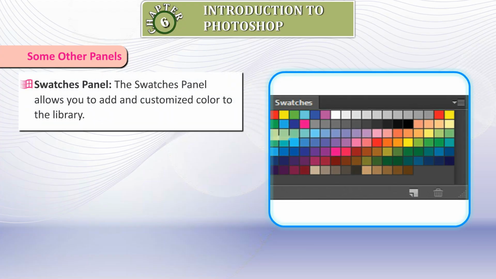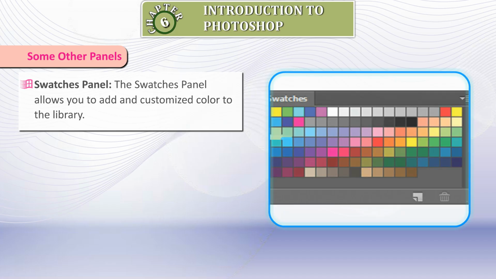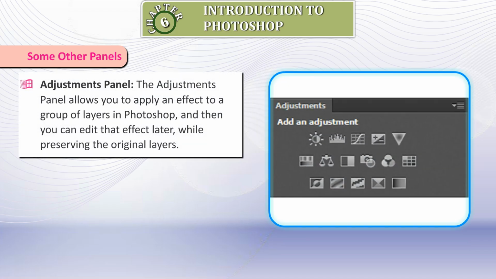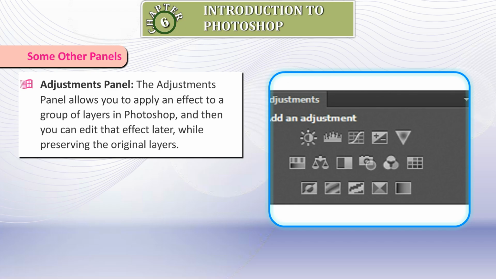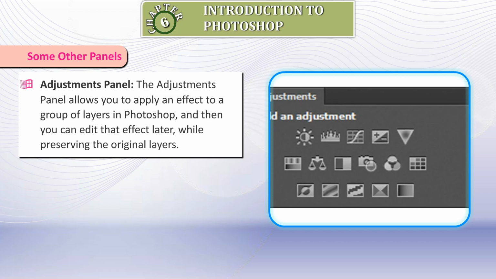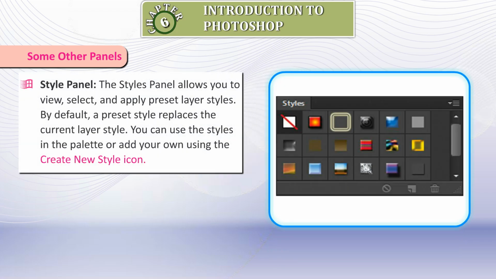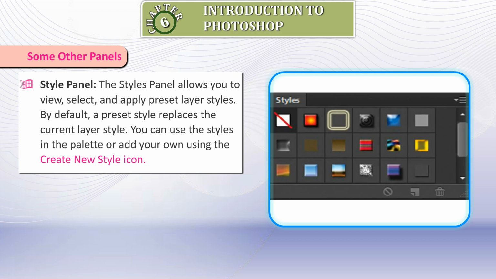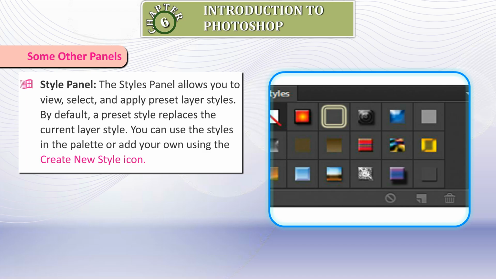The Swatches panel allows you to add and customize colors in the library. Adjustments panel. The Adjustments panel allows you to apply an effect to a group of layers in Photoshop, and then you can edit that effect later while preserving the original layers. Styles panel. The Styles panel allows you to view, select and apply preset layer styles.